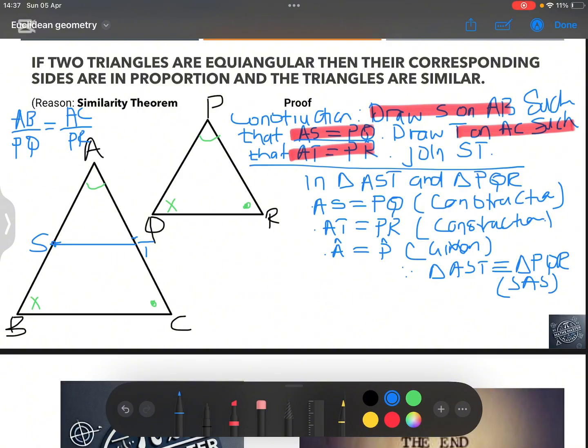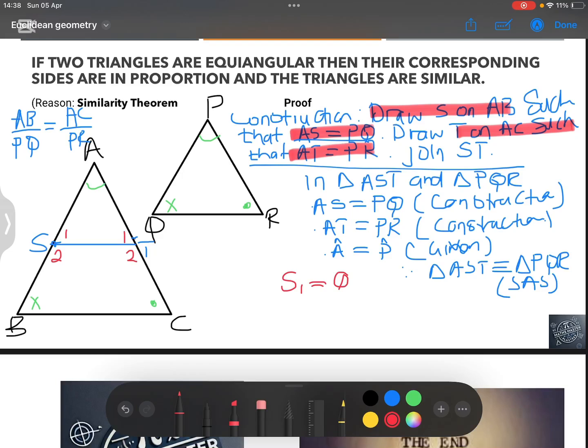So now let's come back to our diagram. We have S1, let's call this S2. We have T1, let's call this T2. Because the two triangles are congruent, that implies that S1 is equal to Q, because we have proven that they are congruent.